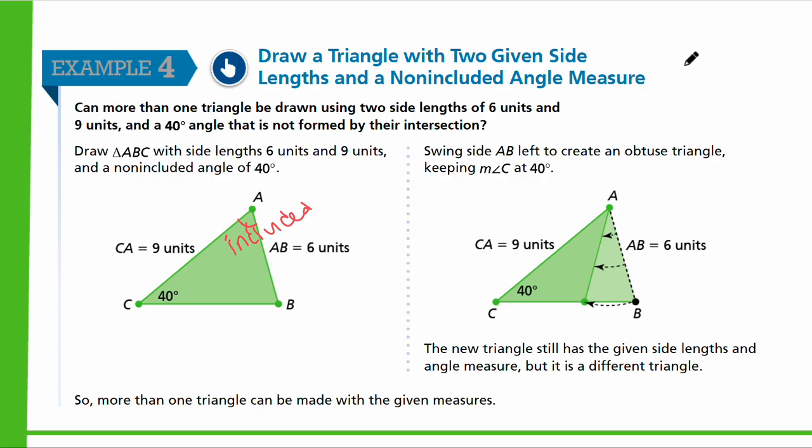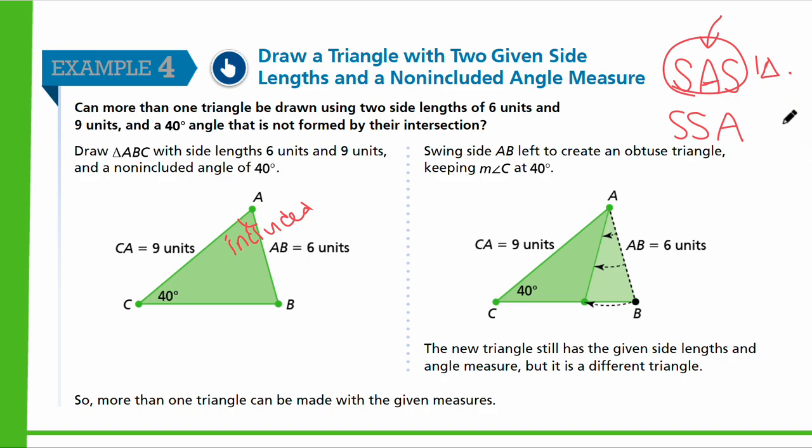This is why SAS is important. It only works when you have an angle in between the sides. So there's only one triangle. But if you have an angle somewhere else, not included, there could be 2 triangles.